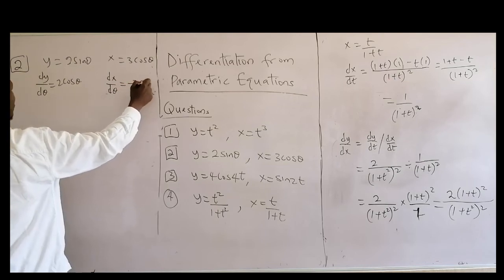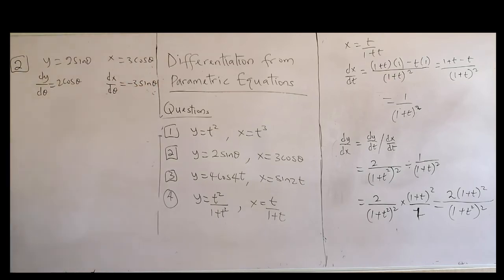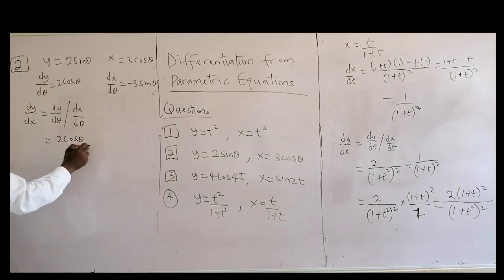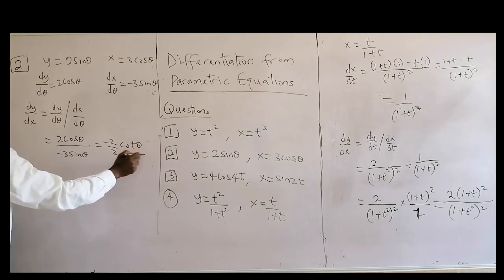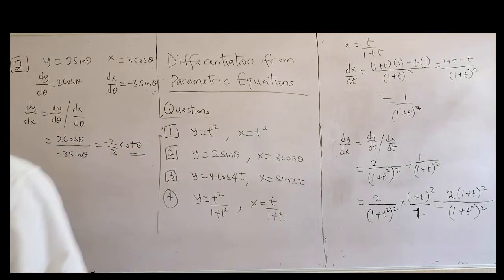Minus 3 sin theta. So dy/dx, we get dy/d theta slash dx/d theta, which is equal to what? The dy/d theta is 2 cos theta all over minus 3 sin theta. And that is equal to minus 2 over 3 cot theta. So that's that.